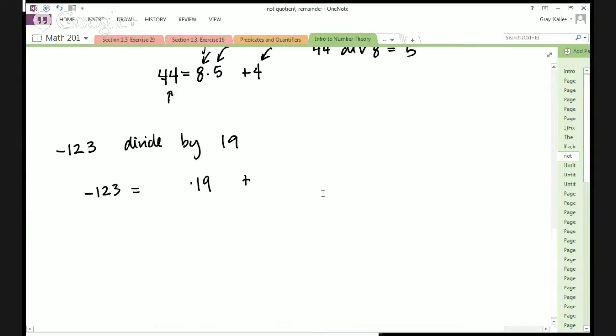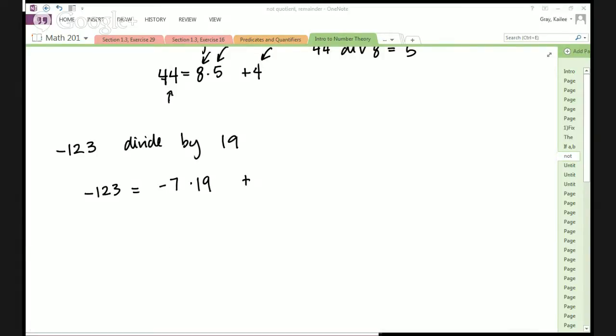So I'll use a calculator and take 123 divided by 19. I get about 6.5. So I'm going to take negative 7, because I want to go over and have a positive remainder.